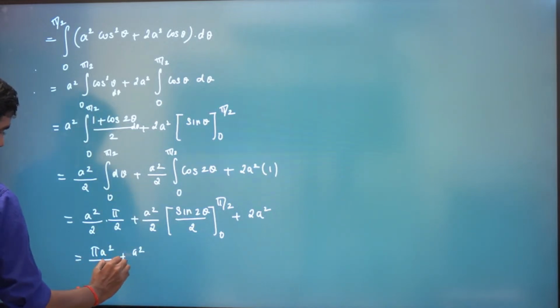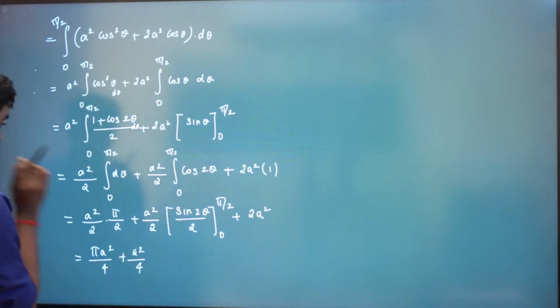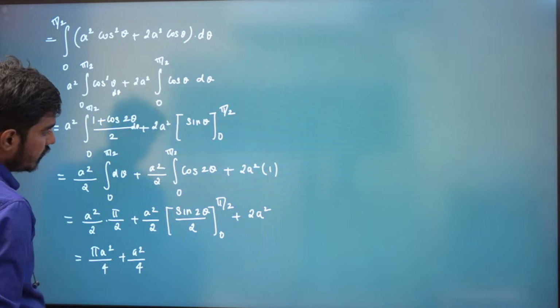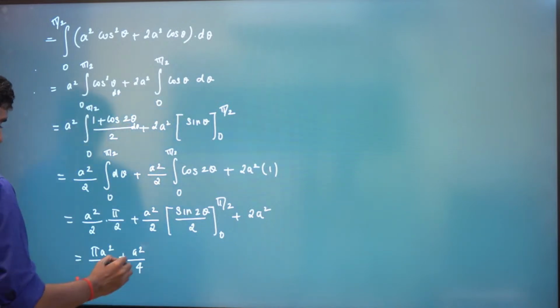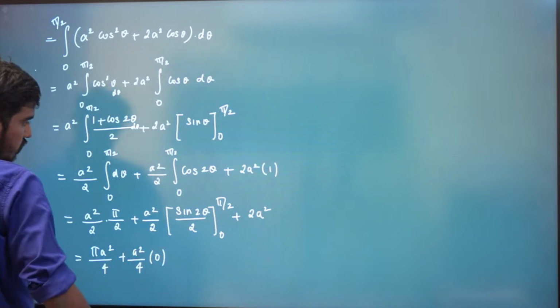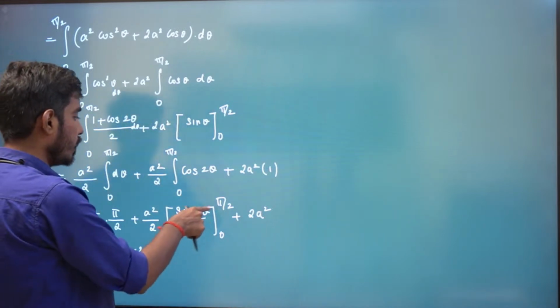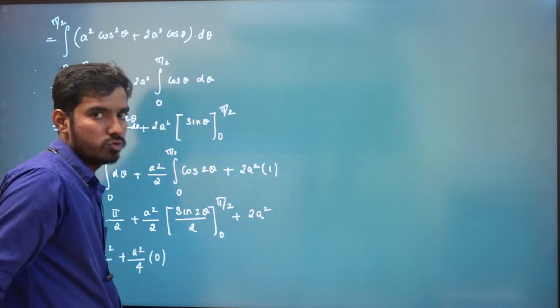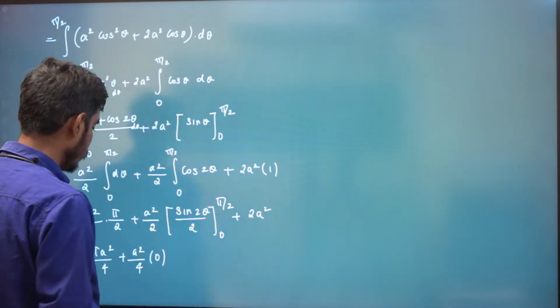And here we have a square by 4 times (sin 2 pi by 2 minus sin 0). So this full term will be 0, I think, right? The integration of cos 2 theta is sin 2 theta by 2. So when you put the upper limit, you will have sin 2 pi by 2, which is sin pi. Sin pi is 0, and then we have sin 0, which is 0 again.